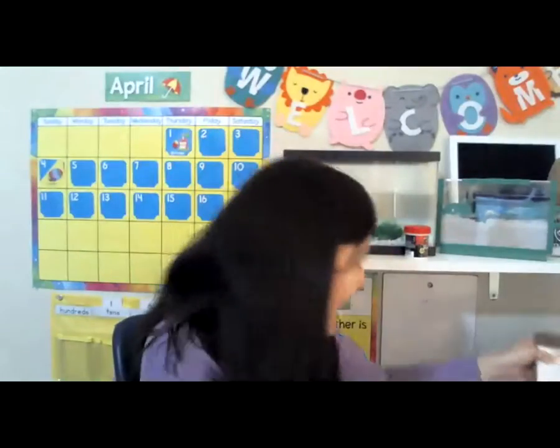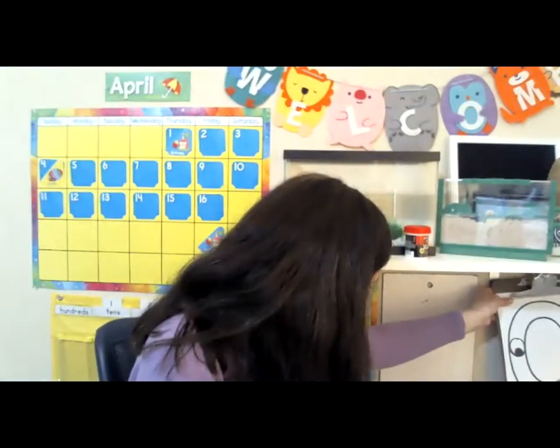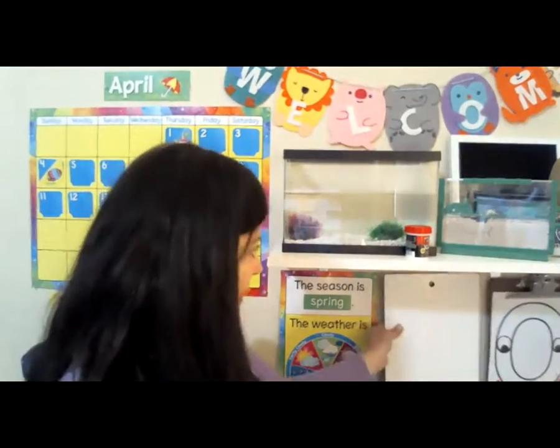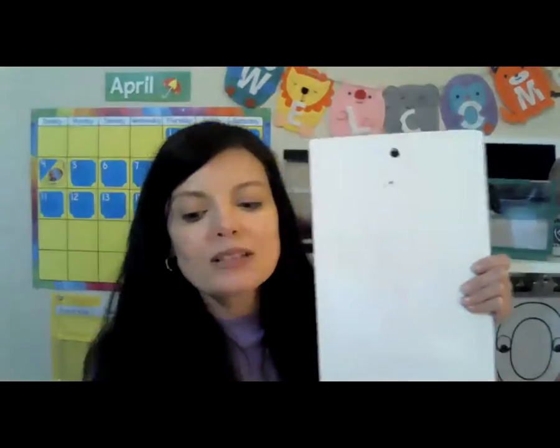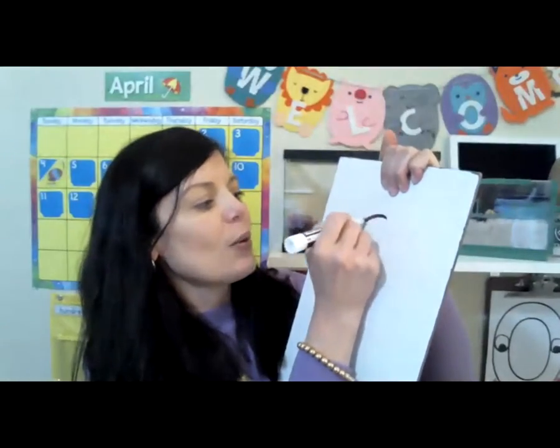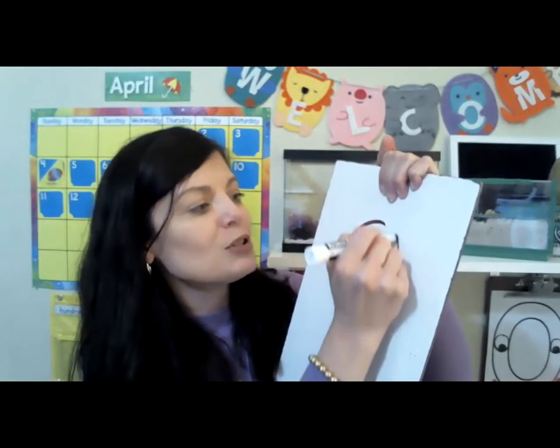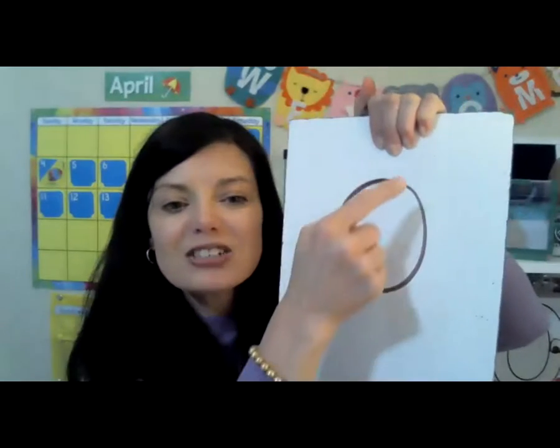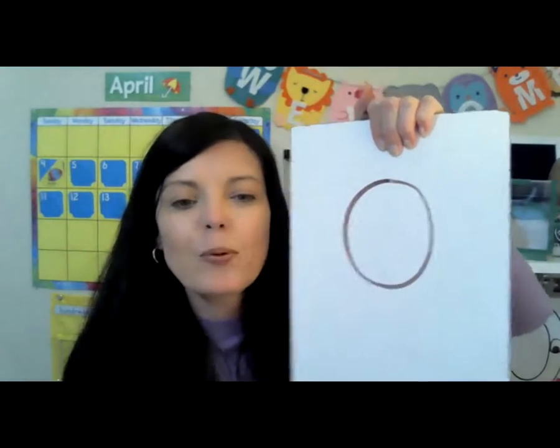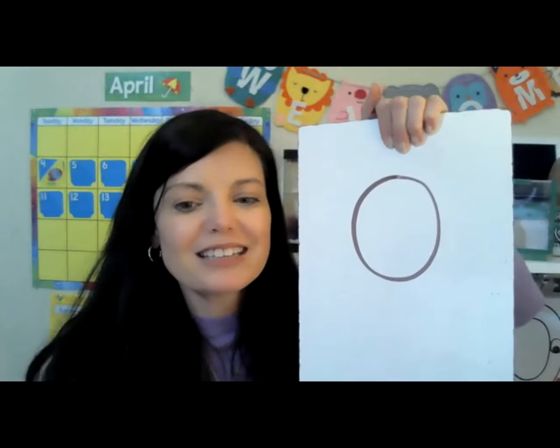We'll let our octopus swim back over as we practice writing the letter O. To make the uppercase letter O, we're going to start at the top and we're just going to curve all the way around and back up to where we started. So you're going to start and stop at the same point. This looks like a circle, doesn't it?